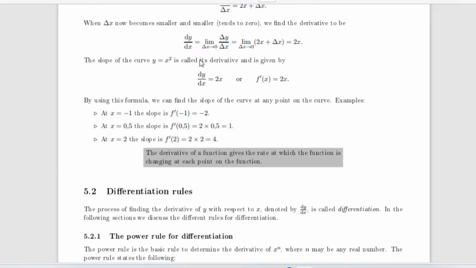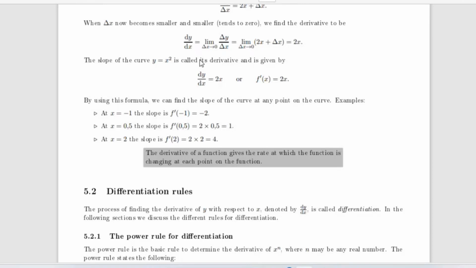You bring that 2 in front of the x, then on that power you subtract 1. So the derivative of x squared will be 2x. Okay? Are you with me? Yes, sir.